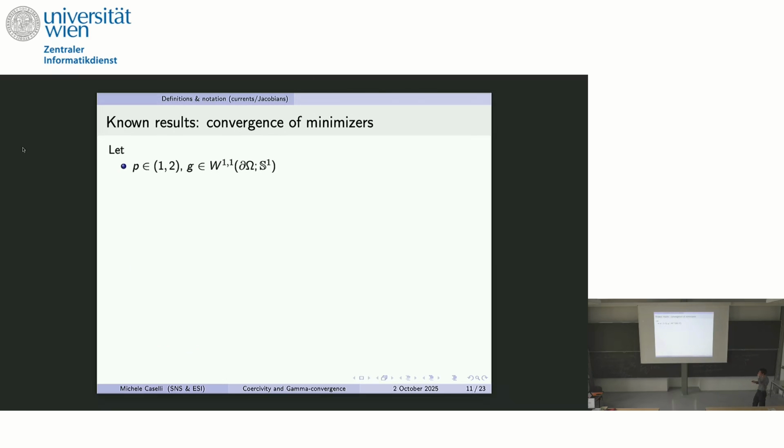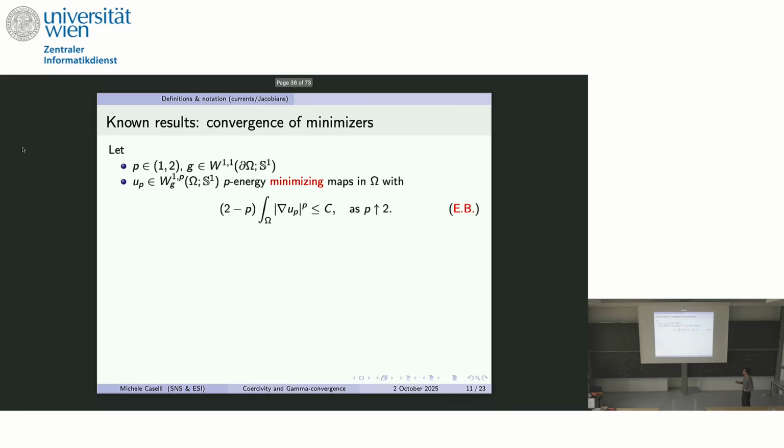Let me briefly speak about the known results on this problem. So fix a p between 1 and 2, and we'll send p to 2. And a map g in W^{1,1} from the boundary of a domain to S1. And assume I'm given p-energy minimizing maps in omega.